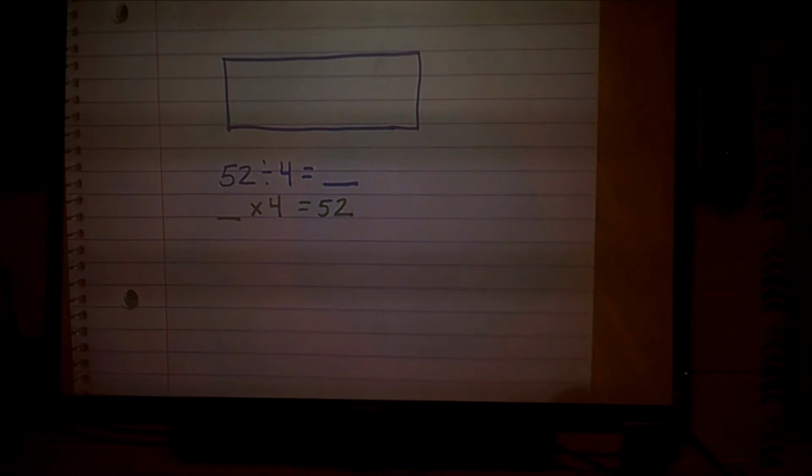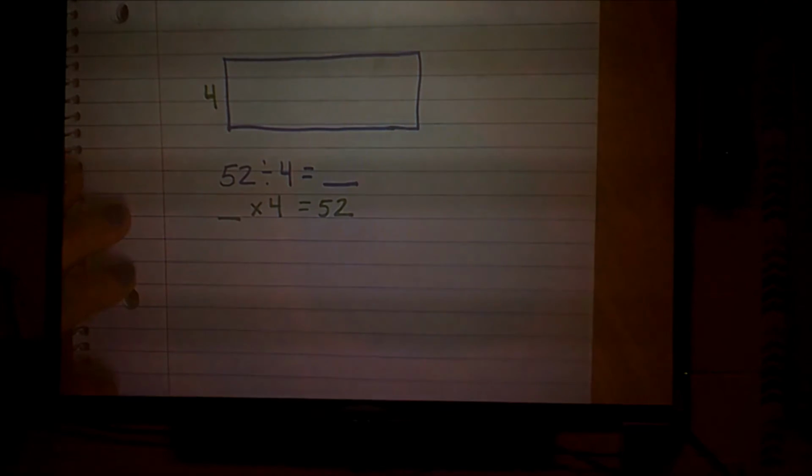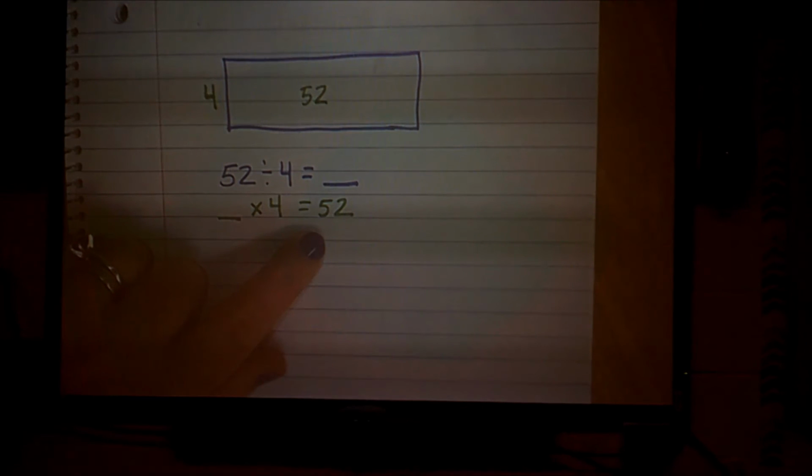Okay? So now I can solve this like box method. So I know my 4 is going to go here. My 52 I already know is my answer. I already know the 52.